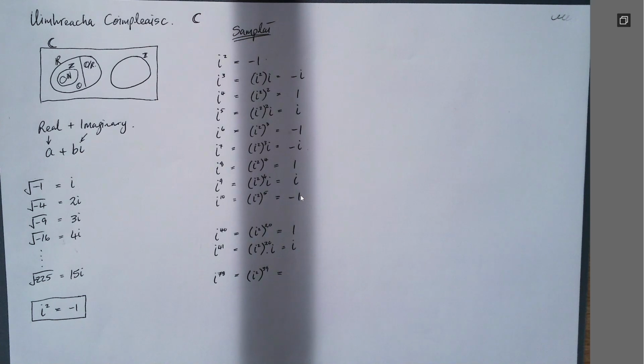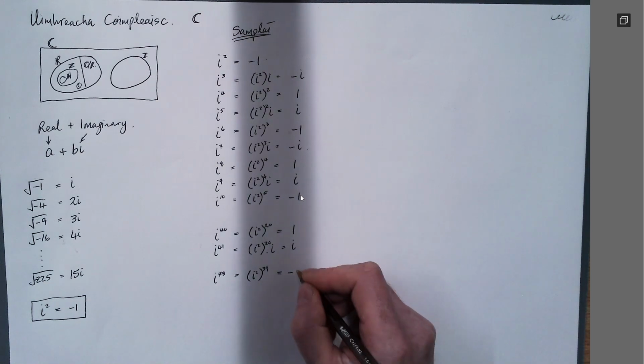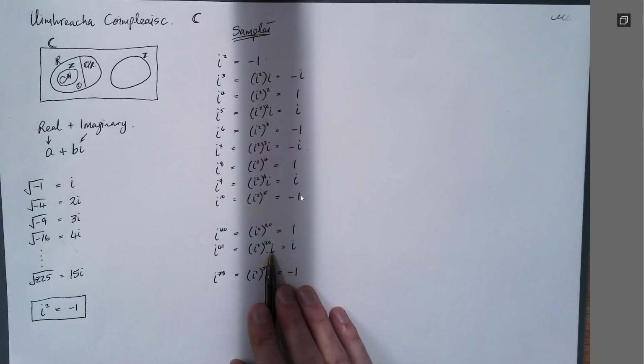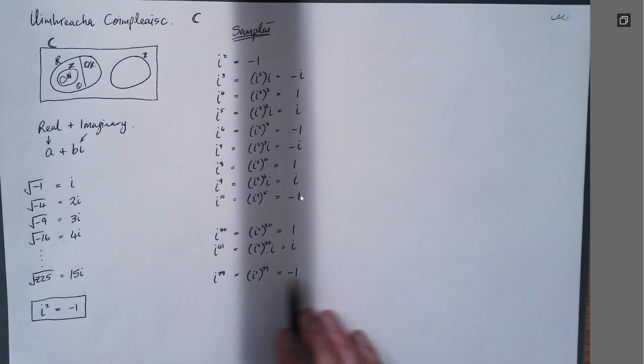So we get minus 1. Well, I squared is minus 1, so the I's are gone. So I to the power of 79 is minus I.